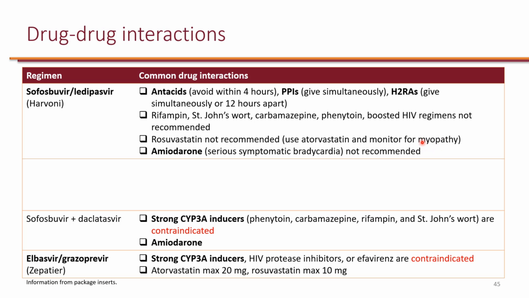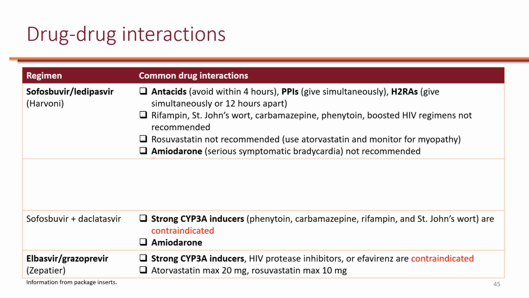Now, when it comes to amiodarone, there's been a drug interaction specifically with sofosbuvir. There have been serious symptomatic bradycardia case reports, including fatality. Because of that, it's very important to monitor patients who are on amiodarone. It's best to avoid it. But if someone absolutely needs to have amiodarone, it's best to explore options that do not require sofosbuvir.